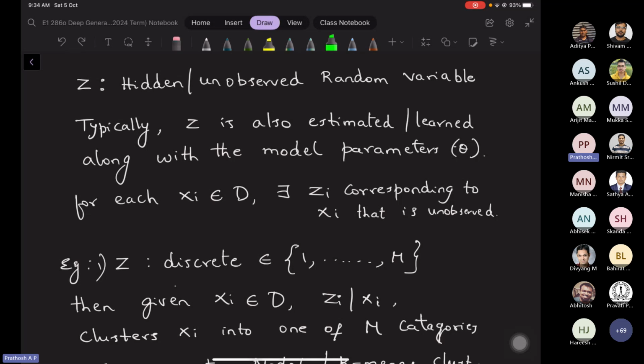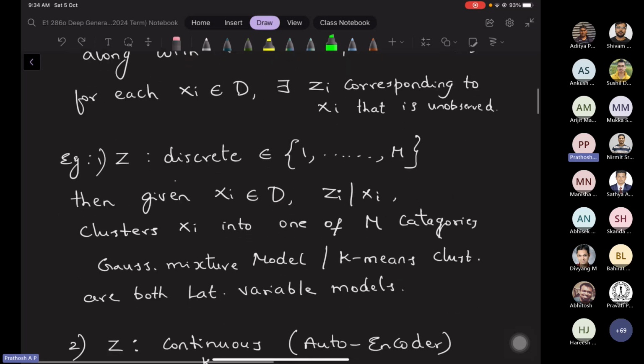Several examples: the latent variable can be discrete or it can be continuous. If the latent variable is discrete, the example given is that of the Gaussian mixture model or k-means clustering, where the latent variable denotes what cluster, or what group of Gaussians, it belongs to.